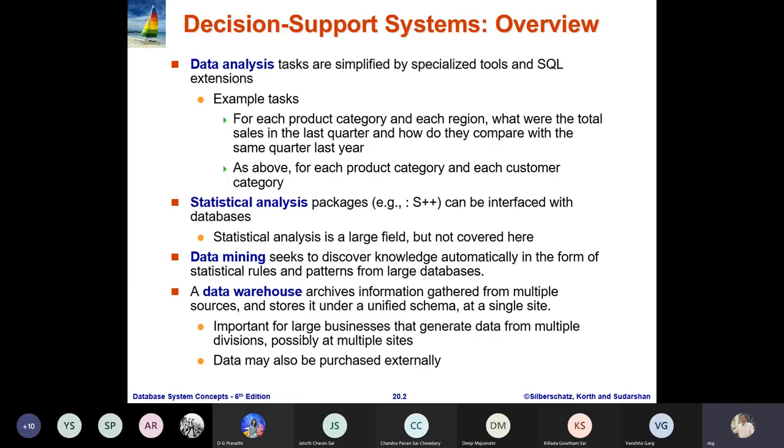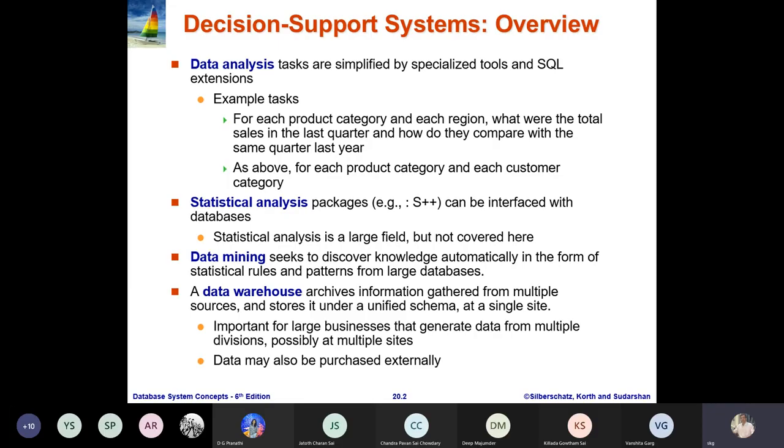So when we look at the data analysis task, we basically want to use simple SQL and things like that. It may not always be possible to do different analysis, specifically when it involves statistical analysis or data mining type of things, which involve classification, clustering, prediction, and association between different data sets.